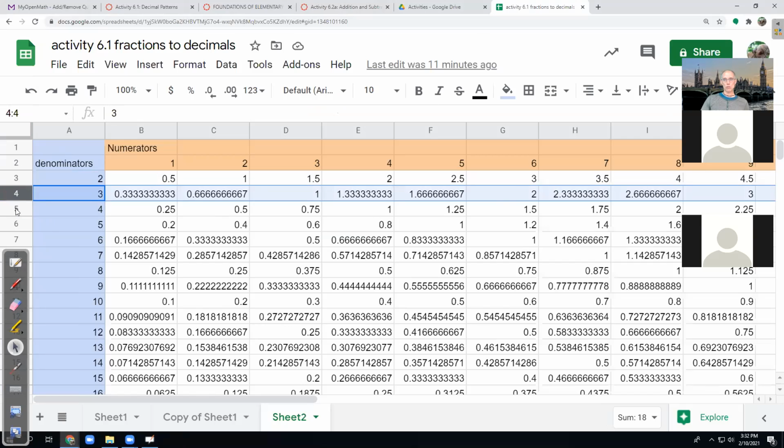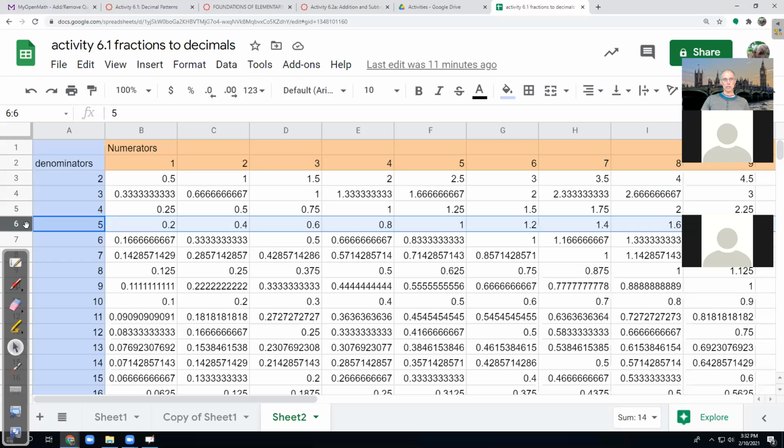Fourths and fifths, do fourths ever repeat or do they always terminate? They always terminate. Fifths, always terminate. Sixths, mostly repeat.